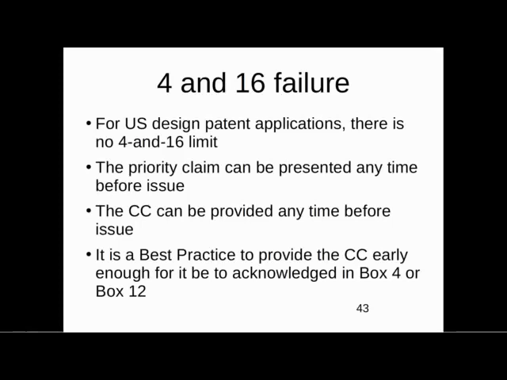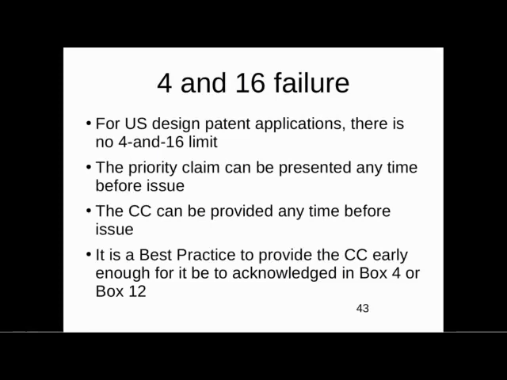You need to have presented your priority claim chronologically before the 4 and 16 limit, that is to say, before 4 months have elapsed from when the second filing application was filed, and within 16 months of when the priority case was filed, whichever is later, and the certified copy has to have been provided within the 4 and 16 time limit. With design cases, there is no 4 and 16 limit, but both of those events need to have been fulfilled chronologically before the issuance of the design case.